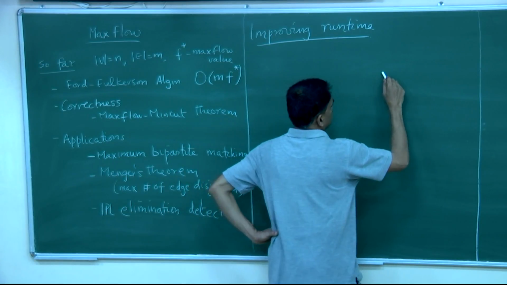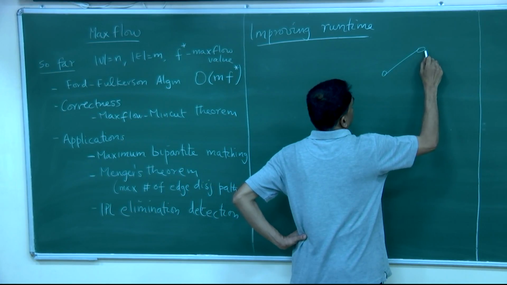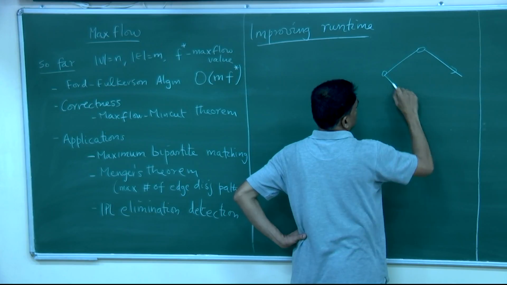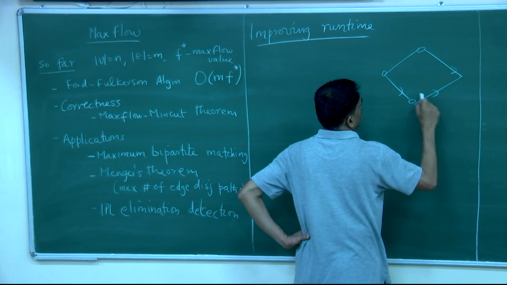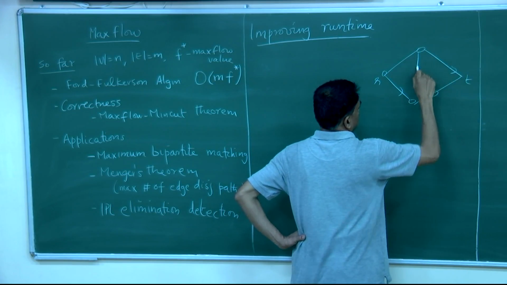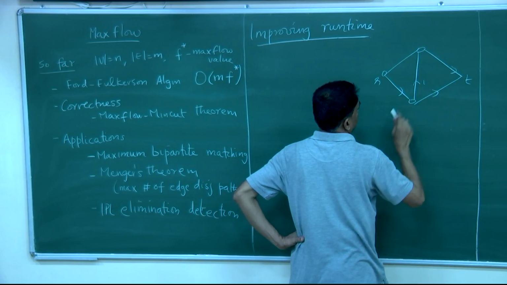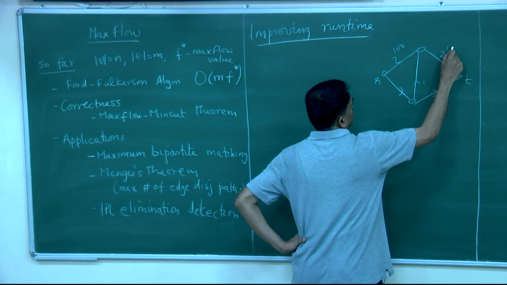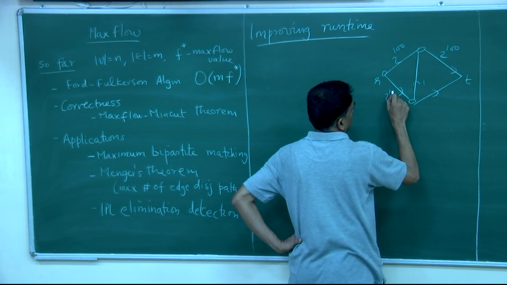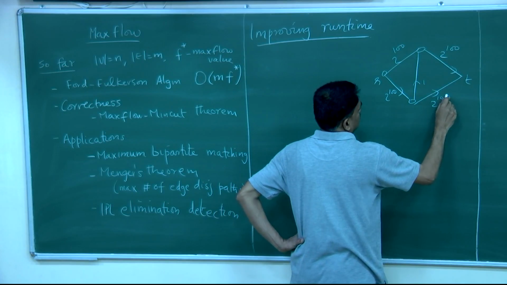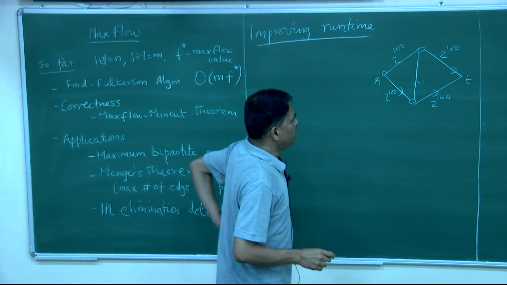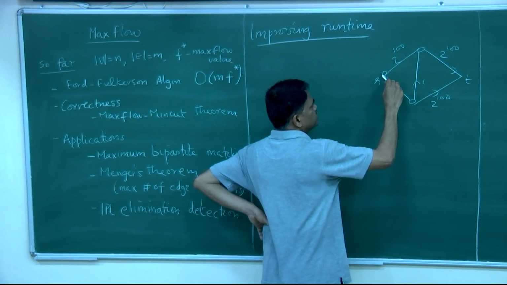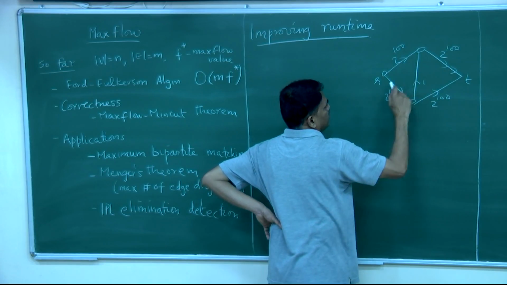For example, we saw that with some large number here, we know we can just do 2 augmentations and be done with it.